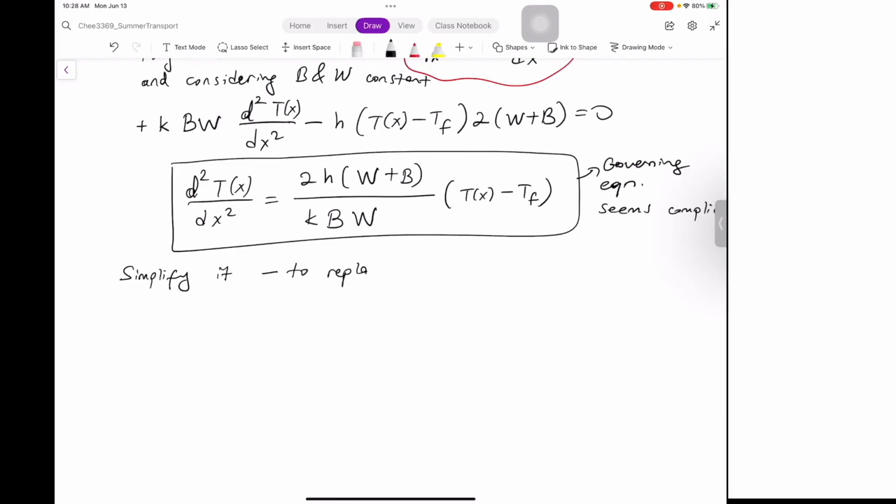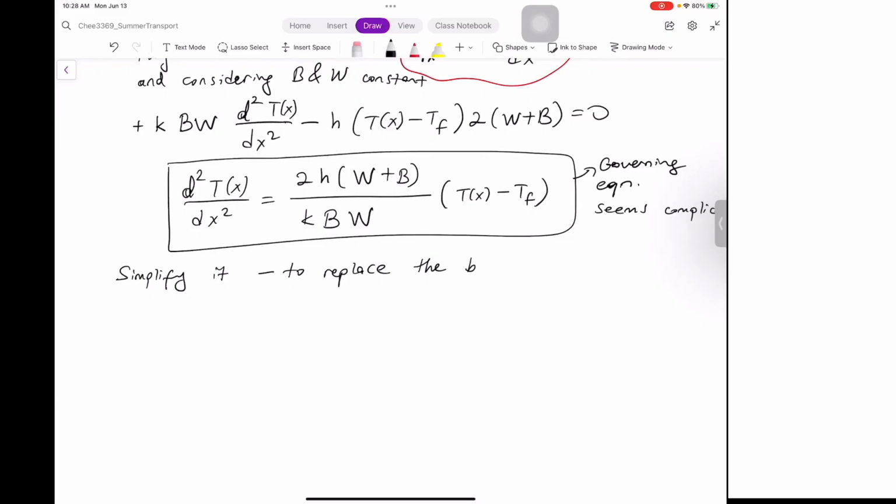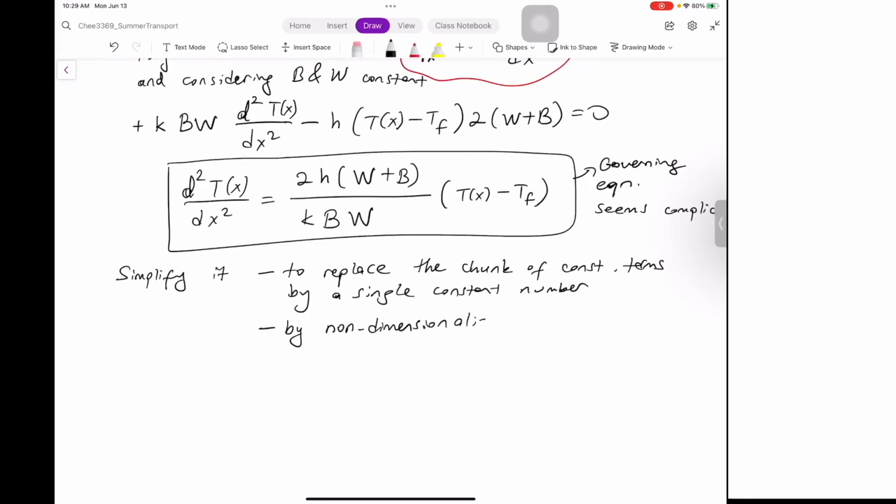To replace the chunk of constant terms by a single constant number, and by non-dimensionalizing the equation. Okay, so we're going to do two things.